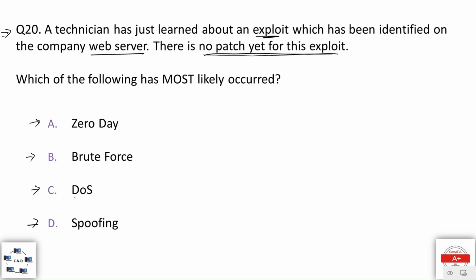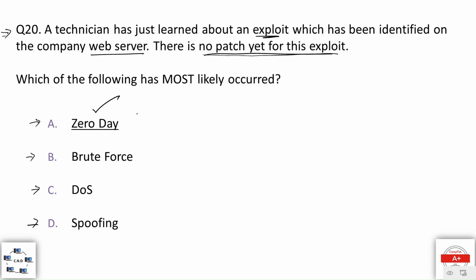And the correct option is, I hope you have already guessed, option A 0-day. As the name indicates, this exploit is discovered on day 0, before the vendor even has knowledge of the exploit, and therefore there is no patch yet released by the vendor.